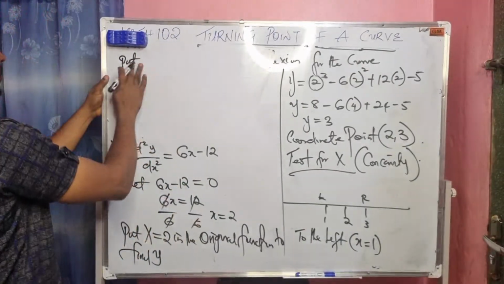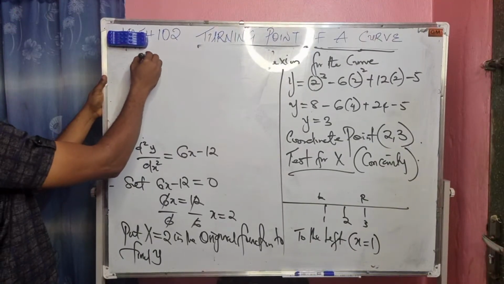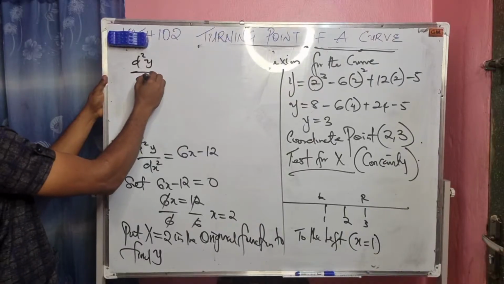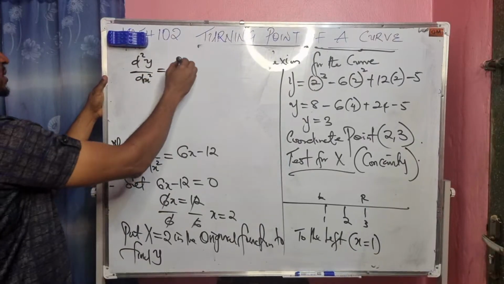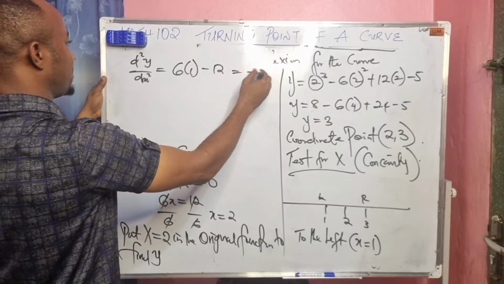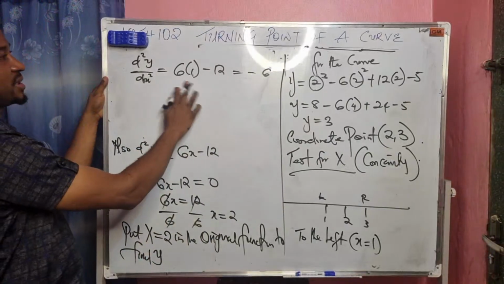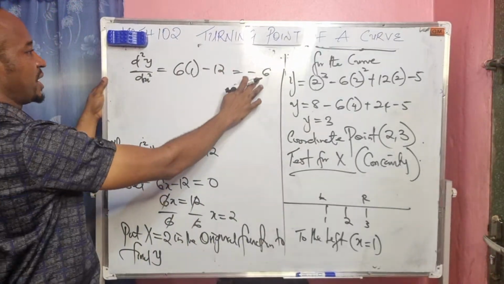Let's test. That will give us d2y/dx squared equals 6 times 1 minus 12. This will give us minus 6. 6 times 1 is 6, 6 minus 12 is minus 6.